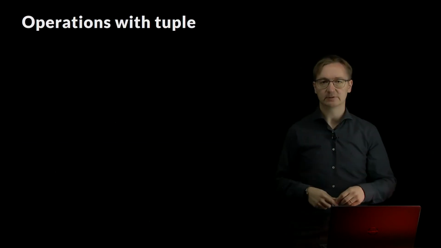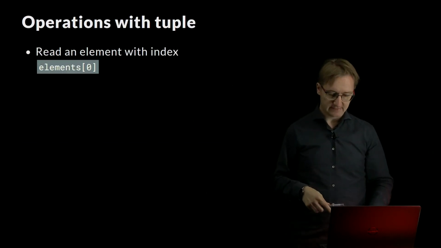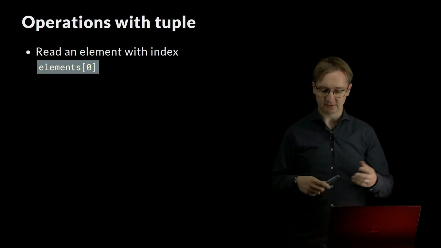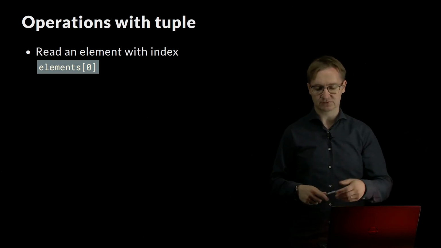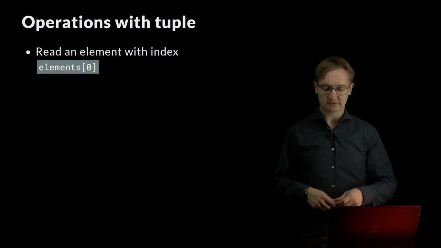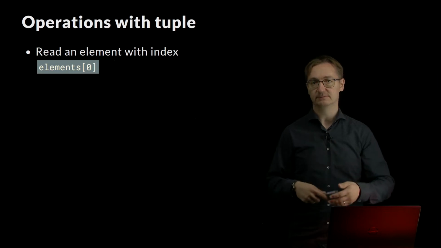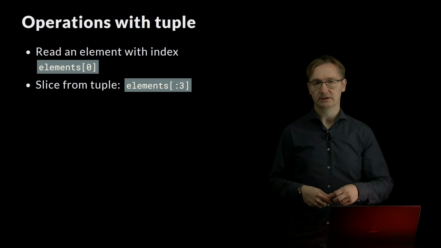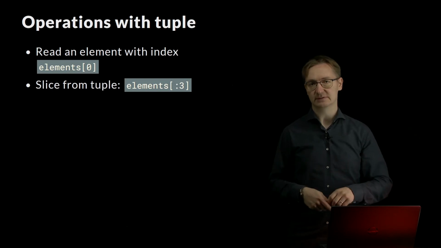So let's see what we can do with tuples. First thing is that we can access an element at a certain index. Currently it's shown that I take the first element from the tuple, and the indices start from 0. So basically the same as with lists. I can use slicing. This works exactly the same as with lists.